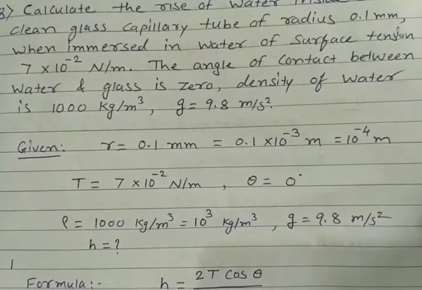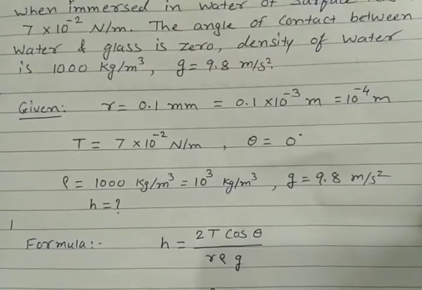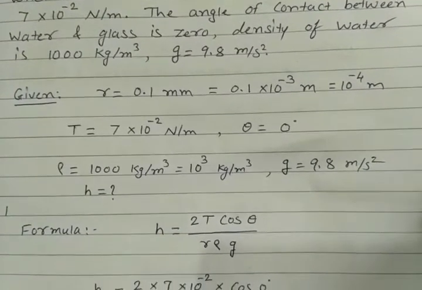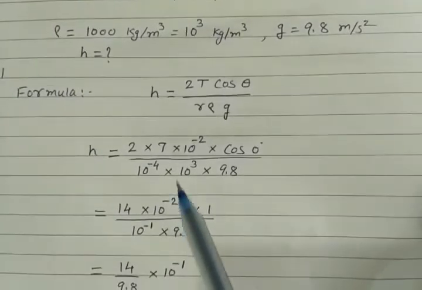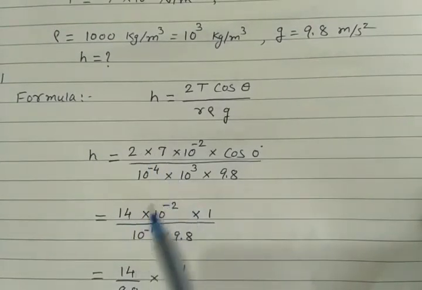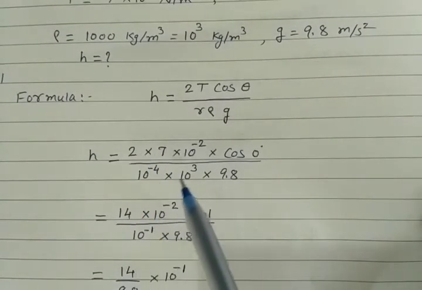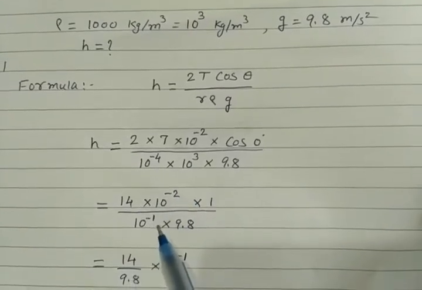So using the formula of surface tension, the height of capillary is h is equal to 2T cos theta upon r rho g. So substituting all these values in this formula, the value of cos 0 is 1, and therefore 2 into 7 is 14, and 10 raised to minus 4 and 10 raised to 3, so we have 10 raised to minus 1.